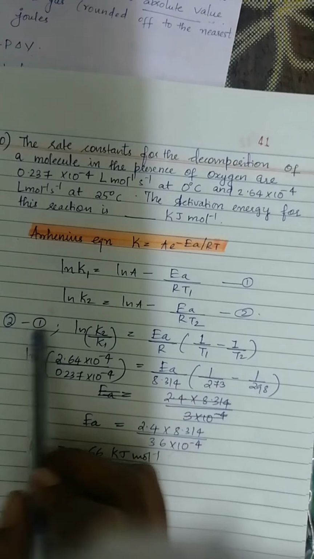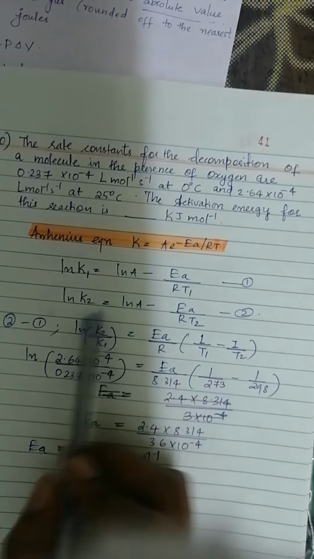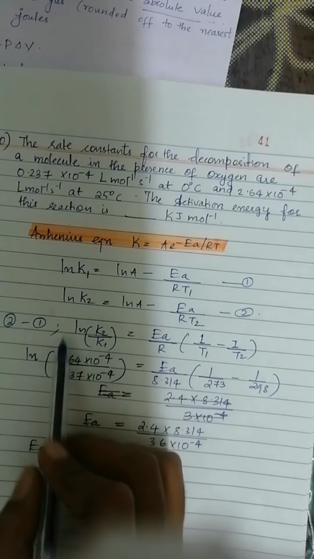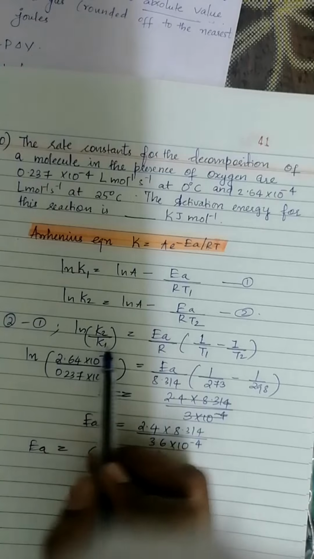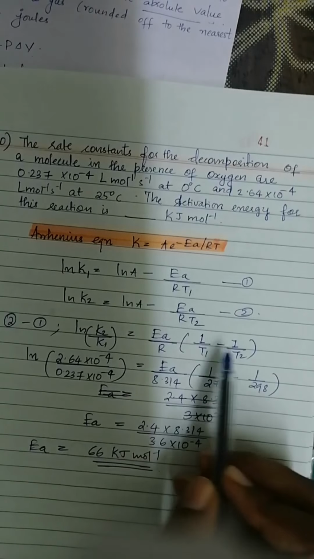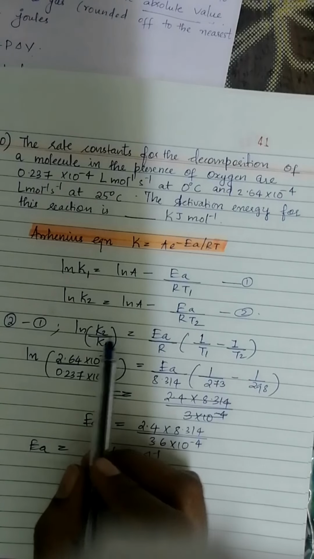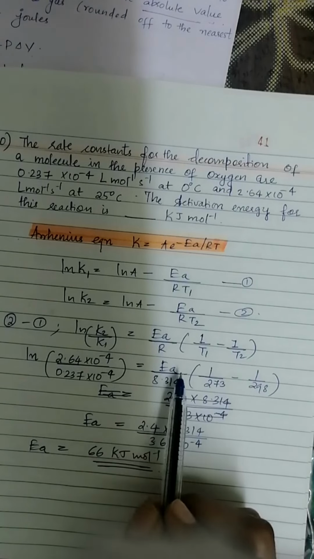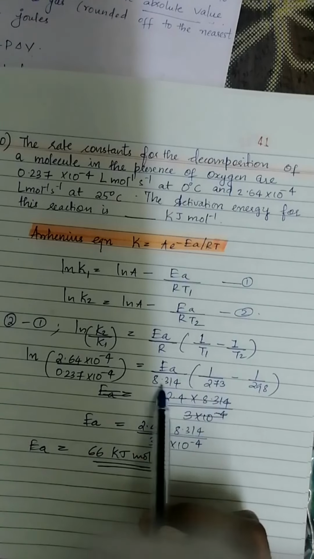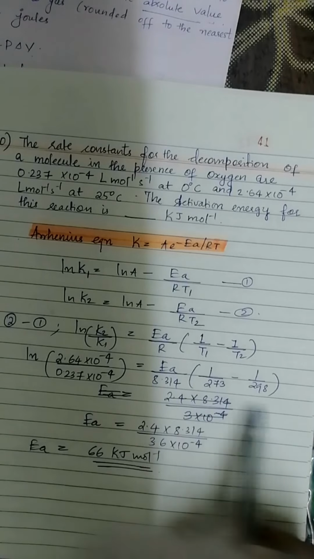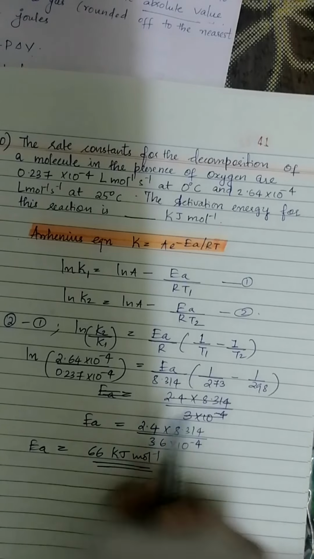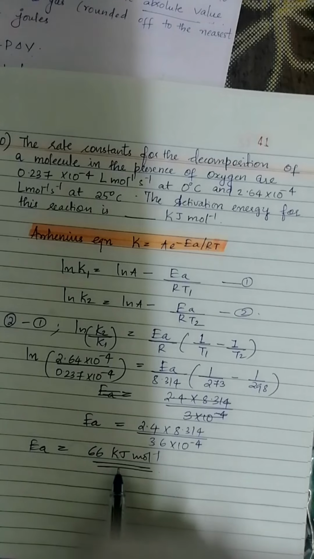Now subtracting equation 1 from equation 2 and rearranging, we get ln K2 by K1 equal to Ea by R into 1 by T1 minus 1 by T2. Now we have all the values here: K2, K1, T1, T2 and R. On solving this equation we get Ea equal to 67 kilojoule per mole, which is the required answer for this question.